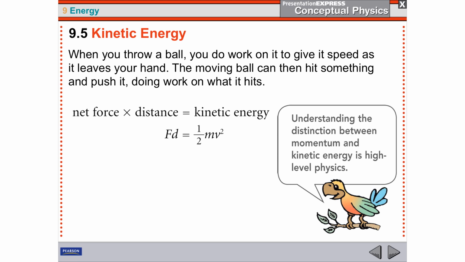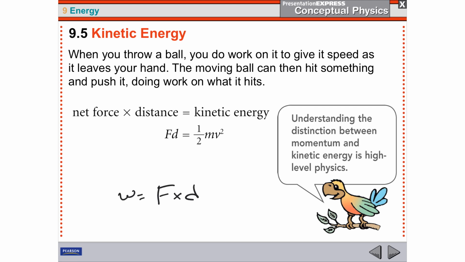So if you do work on an object by moving it a distance, work, remember, is force times distance. You apply a force on an object over a distance, you can give it some energy. So let's say that I throw a ball, I'm giving it a force at a certain distance and then release it. Its kinetic energy is directly related to the work that I put into the ball by making it go fast.